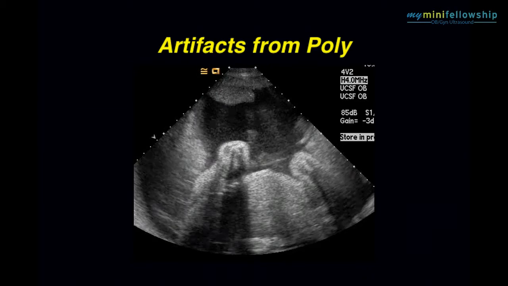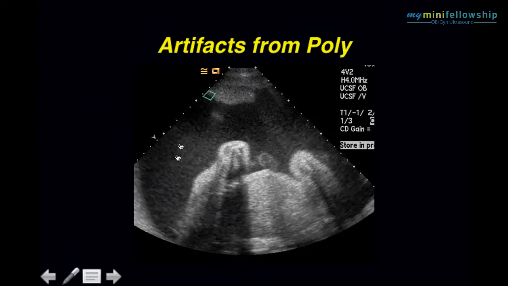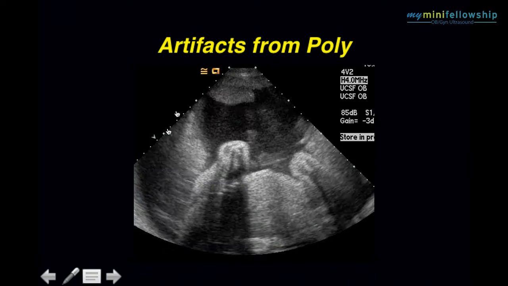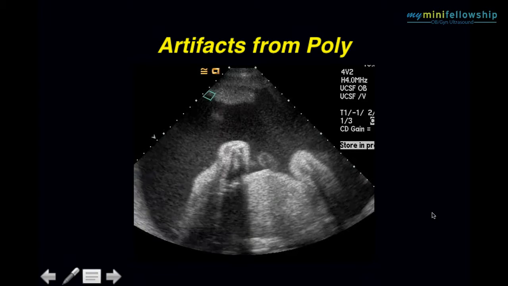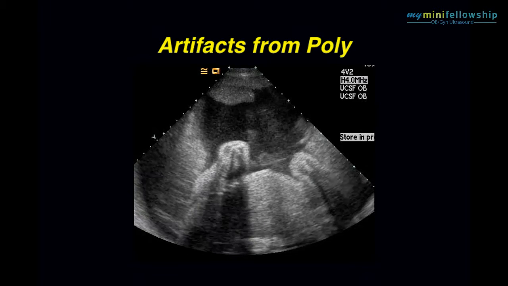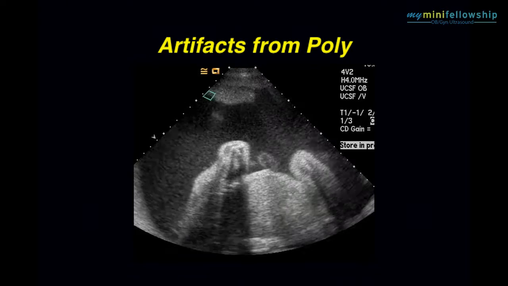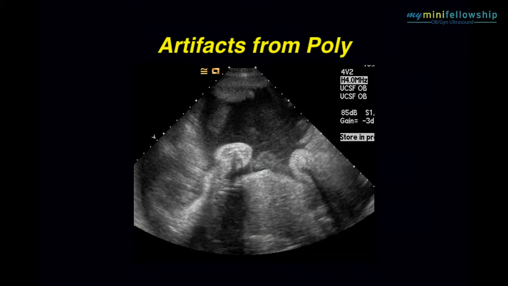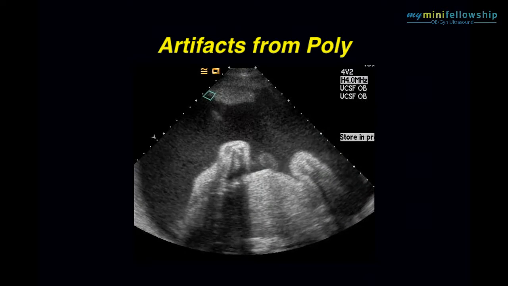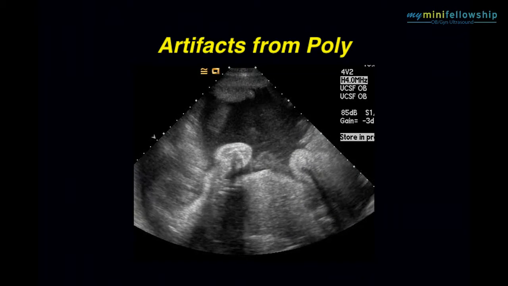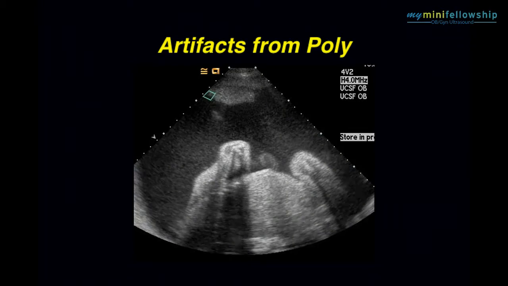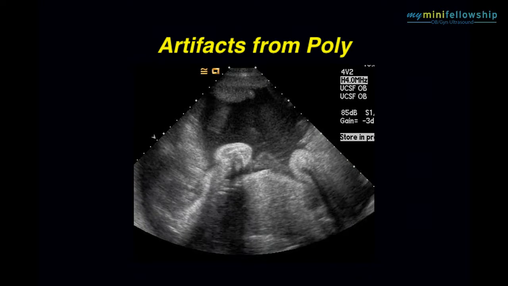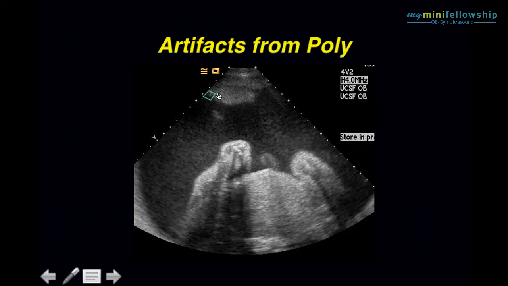Another problem with polyhydramnios is that it produces what are called side lobe or grating lobe artifacts, which can make examination of the fetus all that much more difficult. There are a variety of little tricks that usually your equipment manufacturer can teach you to help eliminate those types of things when you are dealing in this large fluid environment.